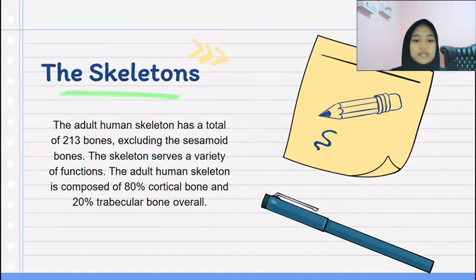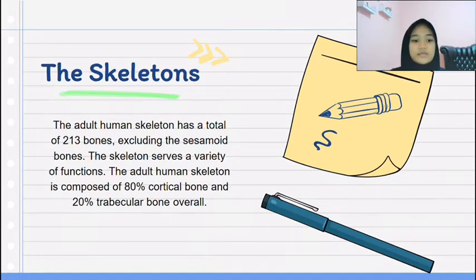And flat bones include the skull, mandibles, scapulae, sternum, and ribs. Irregular bones include the vertebrae, sacrum, coccyx, and hip bone. Flat bones are formed by membranous bone formation, whereas long bones are formed by a combination of endochondral and membranous bone formation.